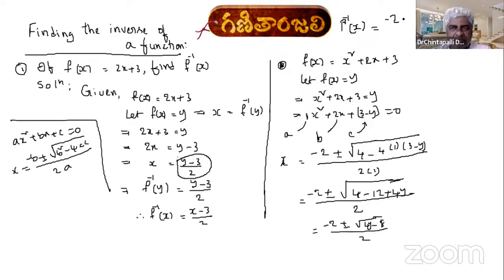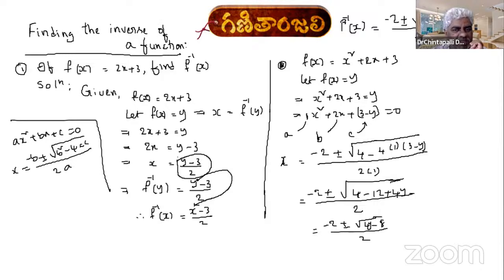So our conclusion is that f inverse is equal to negative 2 plus or minus the square root of 4y minus 8, by 2. We should decide according to the given function whether plus 2 or minus 2 is correct.